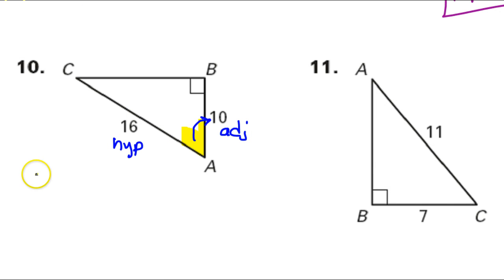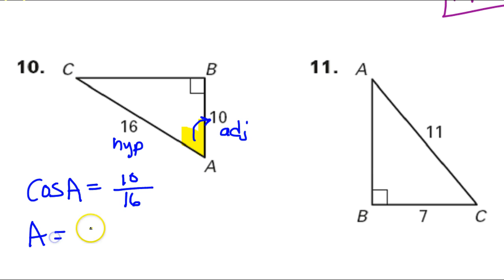So the first thing I want to see is cosine of angle A is adjacent over hypotenuse, so 10 over 16. Okay, that means angle A will equal the inverse cosine or arc cosine of 10 over 16.